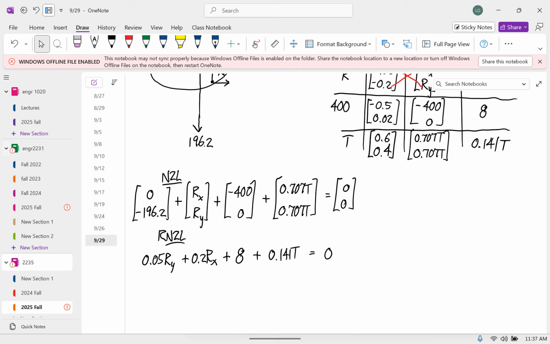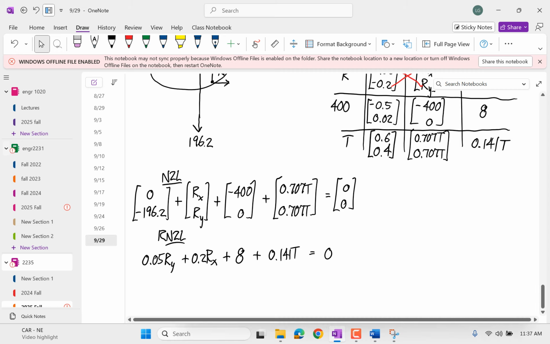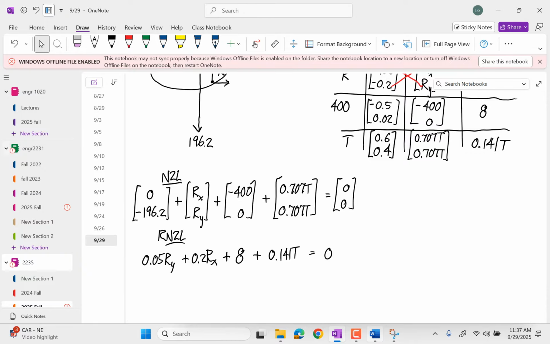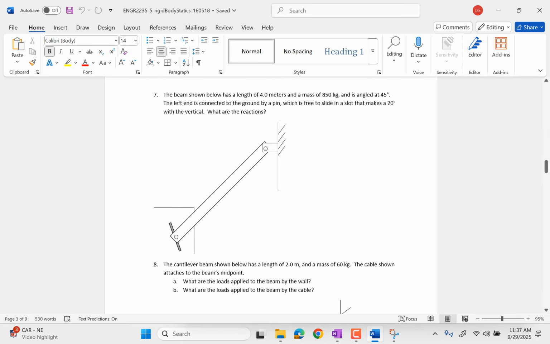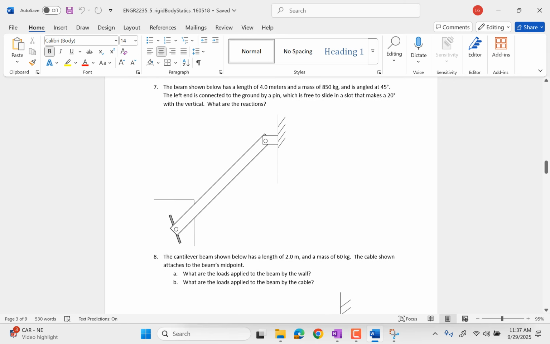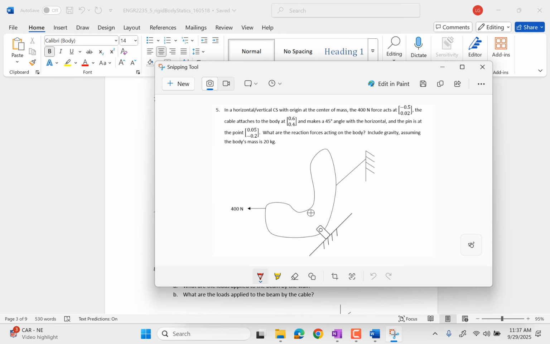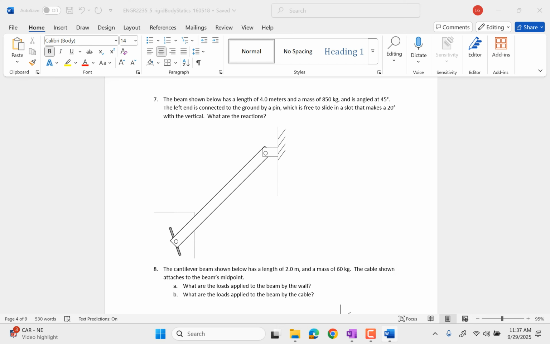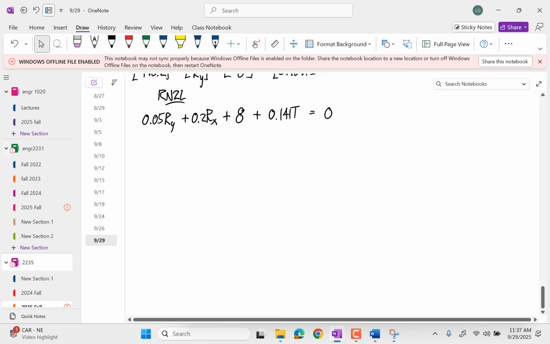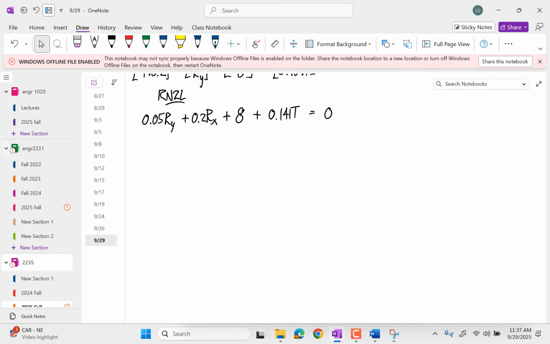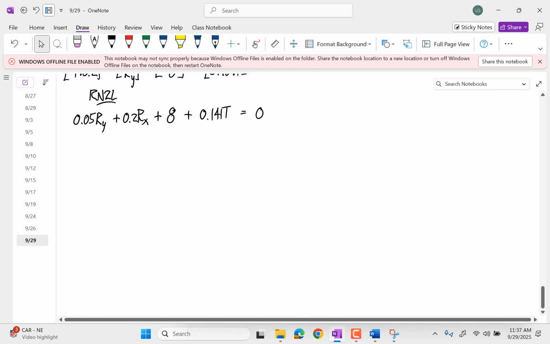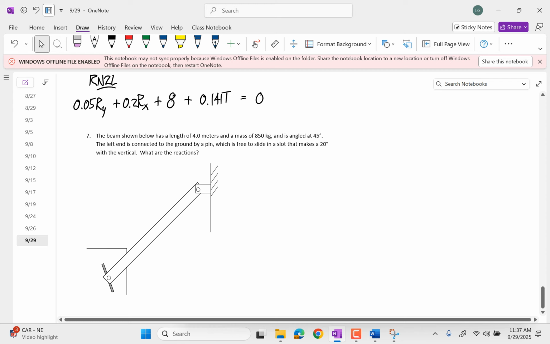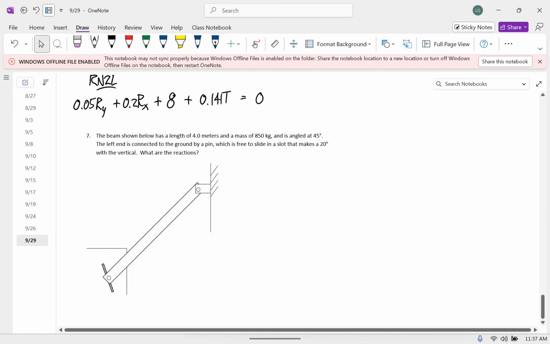Okay, so now what's next? Number 7. Okay, so this one has a couple different angles going on, and that's probably the trickiest thing about it.